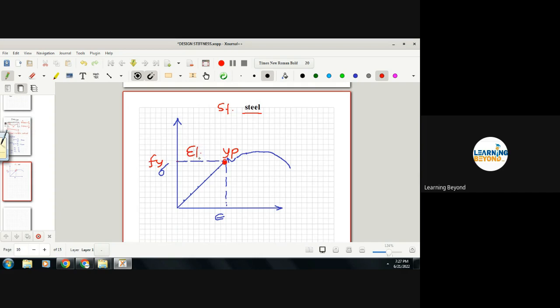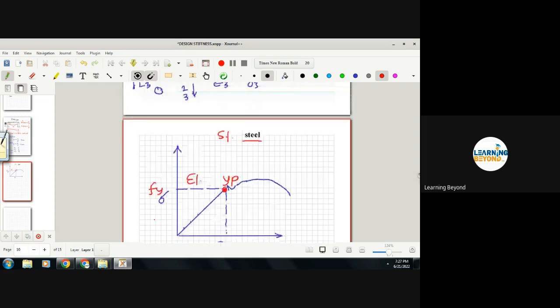So if you release the force from this, whatever you are increasing, this force T1, T2, T3, if you release that, then again it will come to its original position. So that is called the elastic zone. And this strain is called the elastic strain. And this is your yield stress.